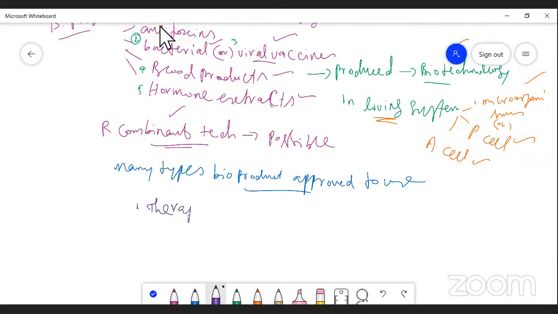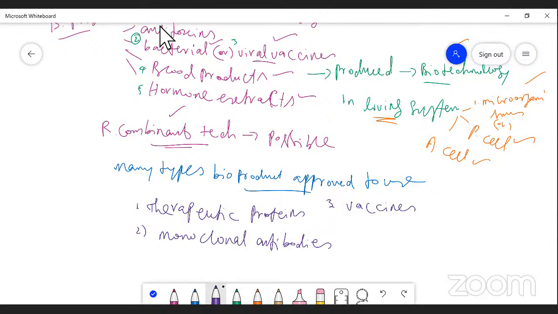Monoclonal antibodies. Third, vaccines. Biotechnological proteins are also approved for usage.